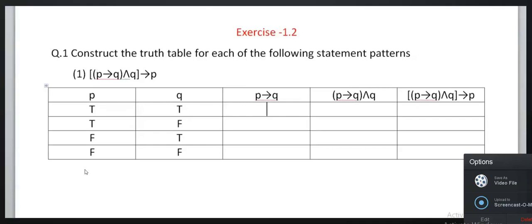Now, let us start. P is double T, double F. Q is TF, TF, TF. Now we'll start with the first, the implication. What does implication tell us? In my first video, if both of them are true or both false, then it is true.